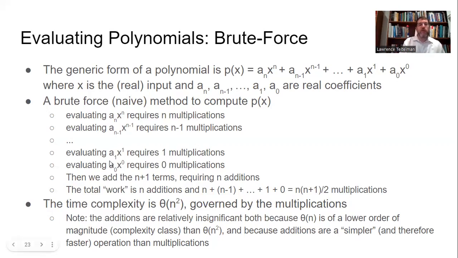So how much work was involved in multiplying one coefficient by x to the 0? So what is x to the 0? 1. So I don't really need to do any work because I know that that's just going to be 1, right? What about this? How much work is involved in multiplying coefficient a1 times x to the 1? 1.